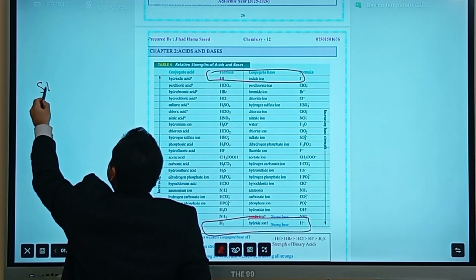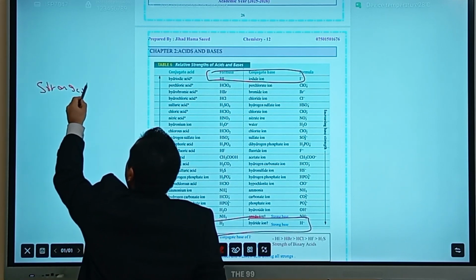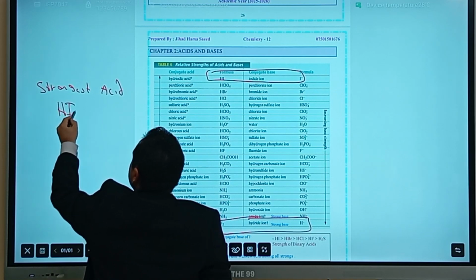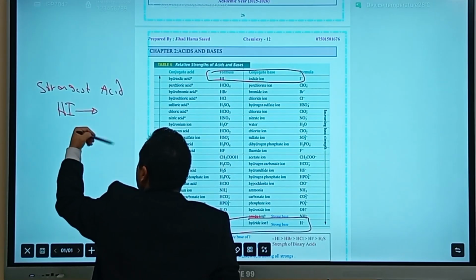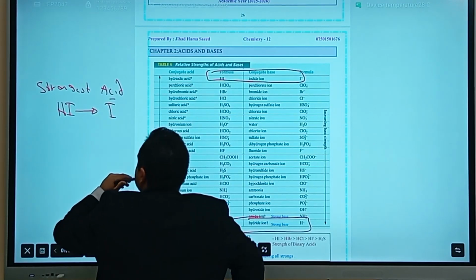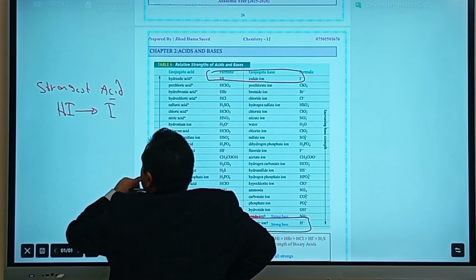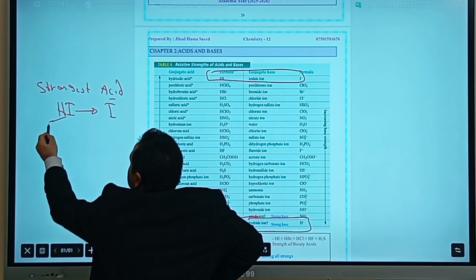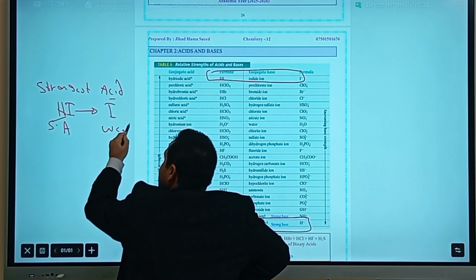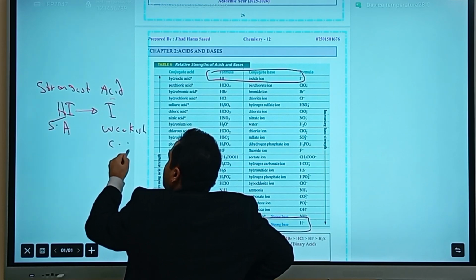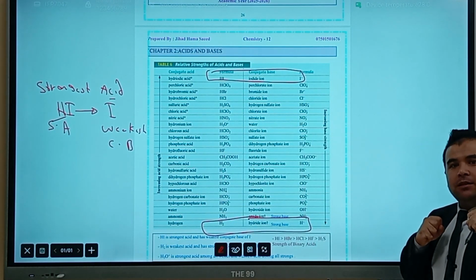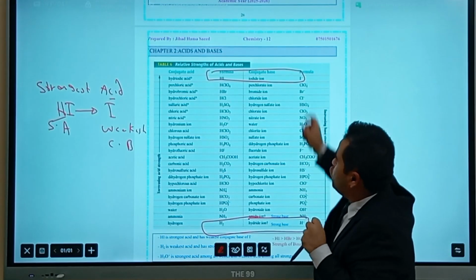The strongest acid in the table is HI, and when it donates a proton it produces the weakest conjugate base. So HI is the strongest acid and produces the weakest conjugate base, which is I negative.